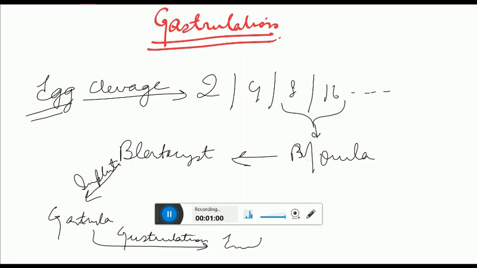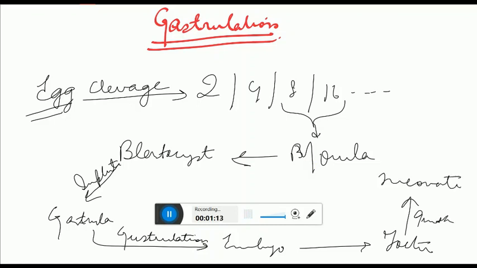It will form embryo. Embryo will develop into fetus. This fetus, after the completion of 9 months, will get parturated and a neonate will be produced. So, in this lecture, we are going to read from implantation to gastrulation.